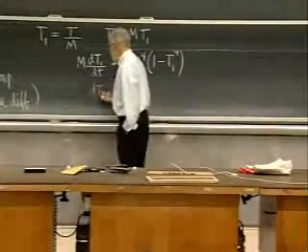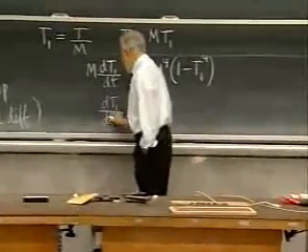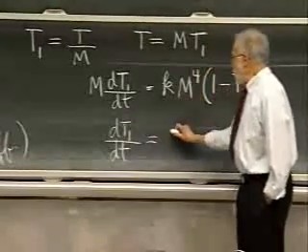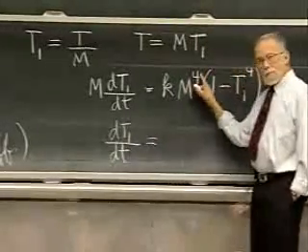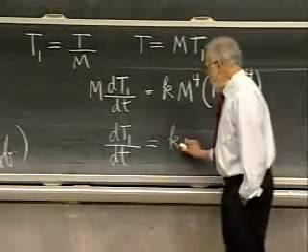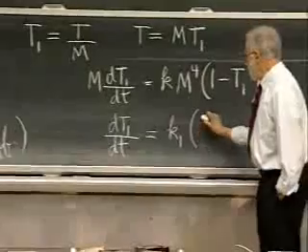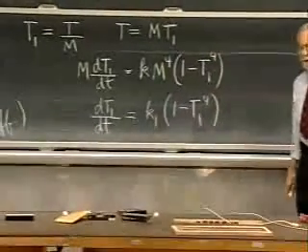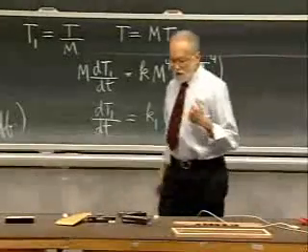And so the new equation now is dT1/dt, the time derivative, is equal to, now I have k M cubed out front here. I'm going to just give that a new name, k1. Essentially, it's the same equation.